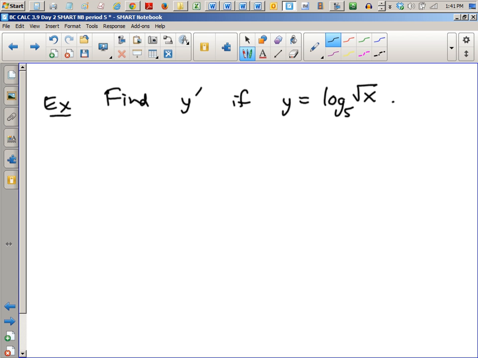So it's going to have a derivative structured something like this. There should be 1 over the inside, and there's an ln 5 there. In this case, the inside is a rad x, so we'll just put rad x there. And now we need the derivative of the inside. So remember, this just means x to the half.